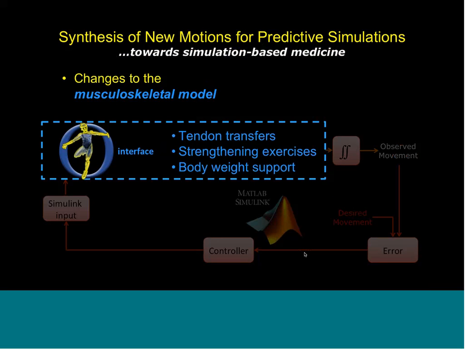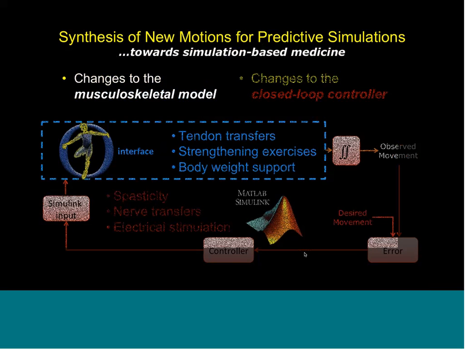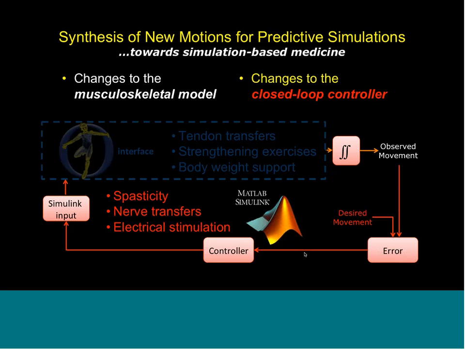And there's many other physical treatments that we can simulate on this side. And then the second, we have the closed loop controller side of things. On the Simulink side, we can simulate spasticity, nerve transfers, functional electrical stimulation, and really many other aspects of motor control and rehabilitation that we may be observing in the lab.